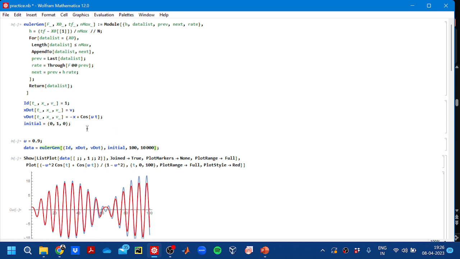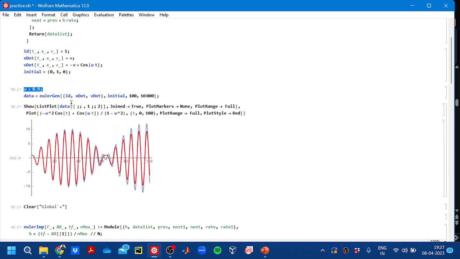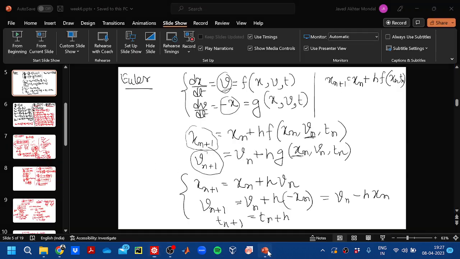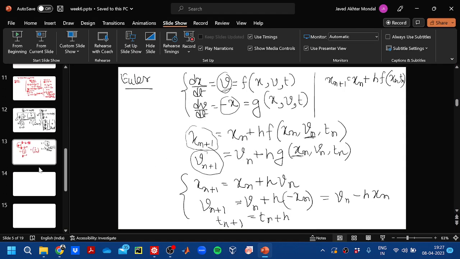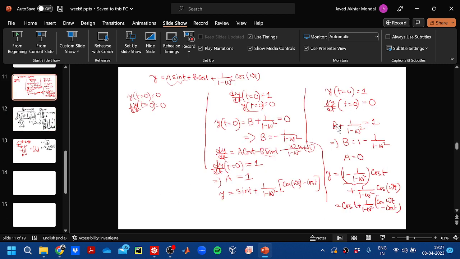For this Euler method, if for this frequency we put omega equal to 0.9 and solve this equation, then this is the blue curve here. The blue curve is how the numerical simulation gives us the result, and we have calculated the exact solution of this equation for this initial condition.